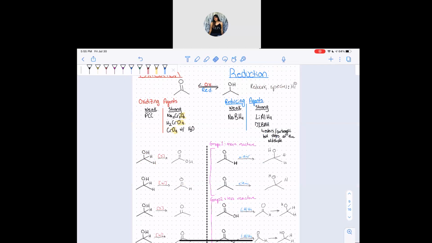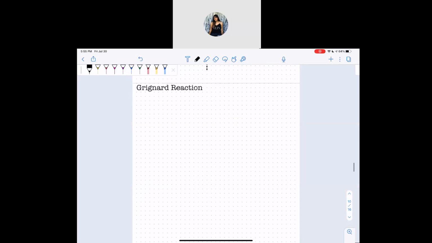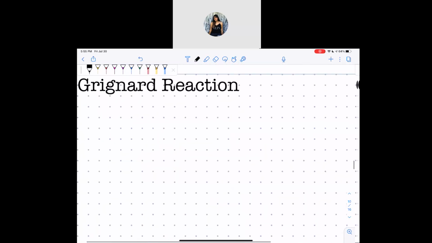Okay. So the Grignard reaction is kind of interesting. Or the Grignard, or whatever. This is truly one of the most annoying names in this whole semester. But the Grignard reaction starts off with making the Grignard reagent.